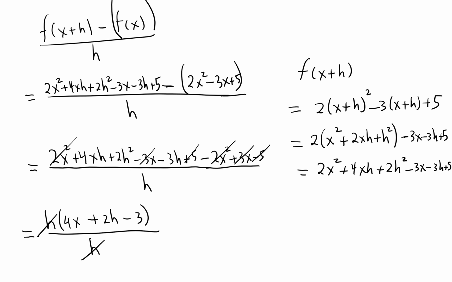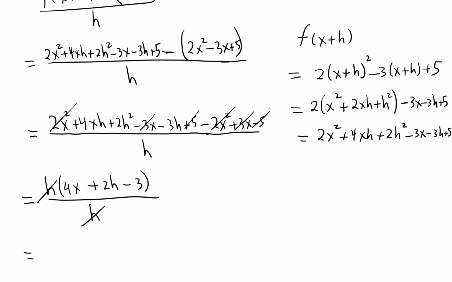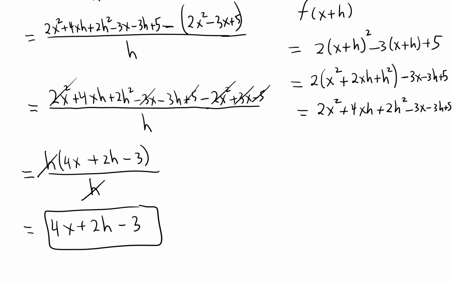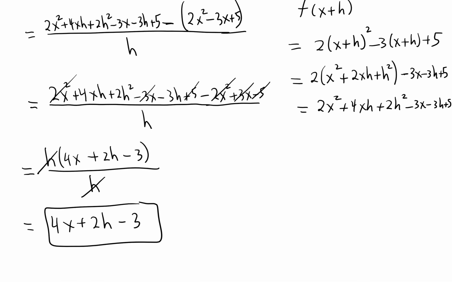These cancel out. So that gives me 4x plus 2h minus 3. That's for the first one.